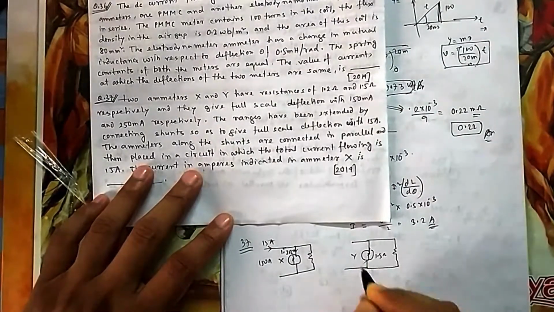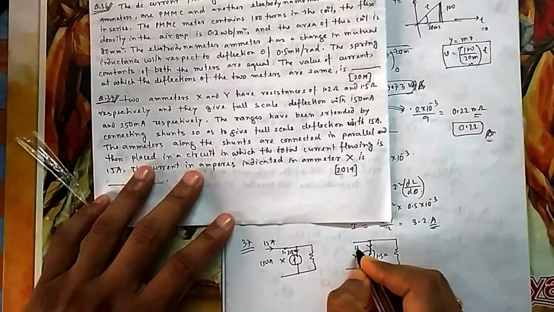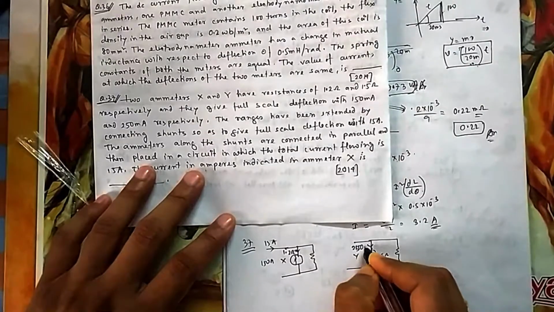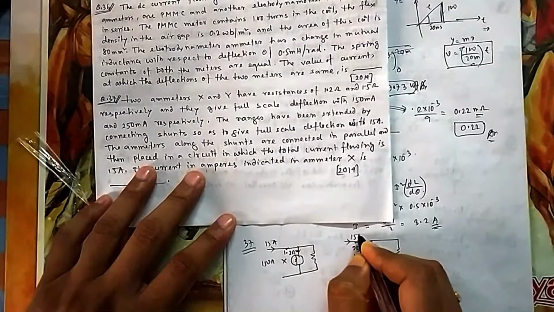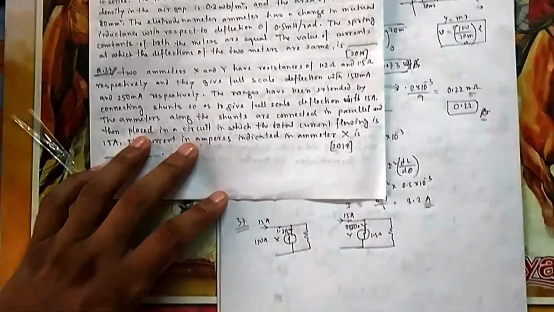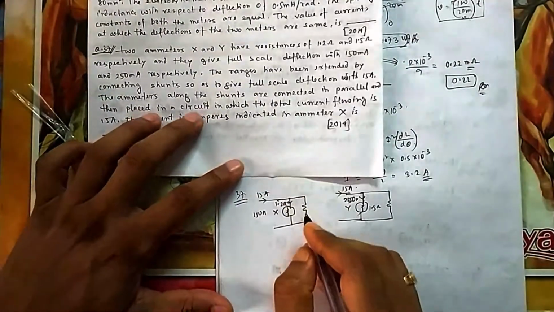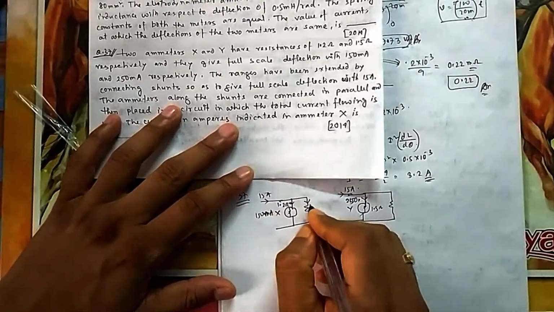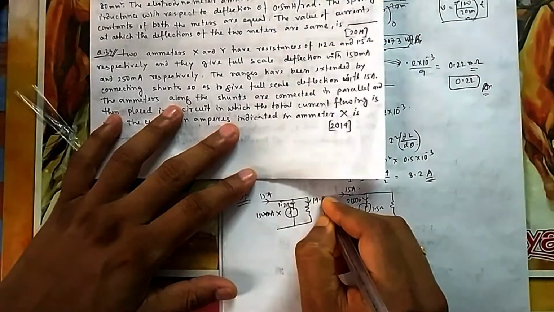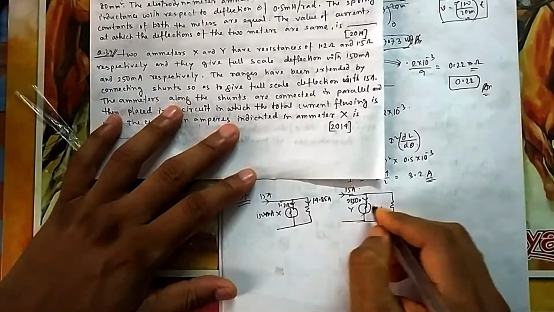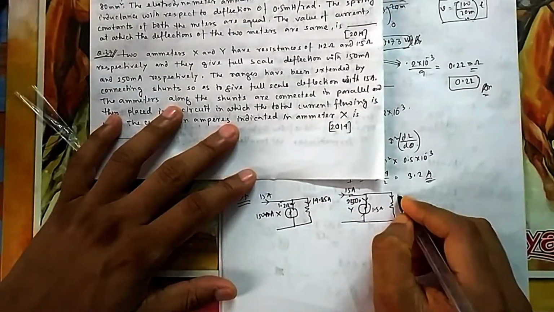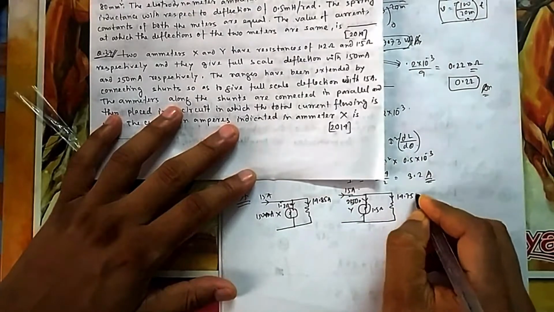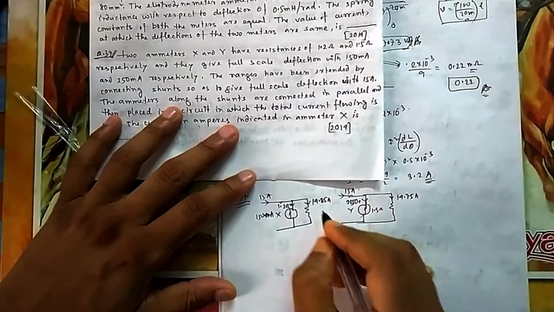I have used a shunt to increase the range, since the current is 250 milliampere here, so that it can take 15 ampere current. So what is the value of the shunt? I told you, if it is 150 milliampere here, then how much will be flowing through the shunt? That is 14.85 ampere. If 250 milliampere is flowing there, how much will be flowing? 14.75 ampere will be flowing here.